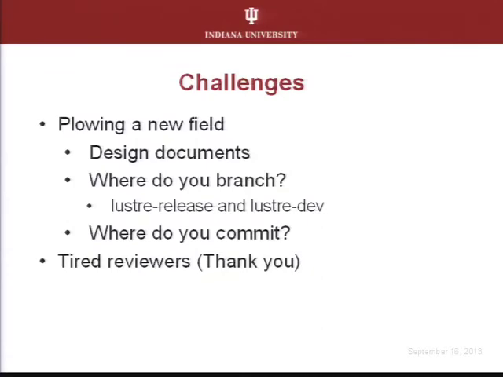And that may not have been as big a problem for us as it was for our dev pack, because they didn't really have as much of a criteria on which to judge what we were putting forward. Other questions there are on the Git server, there's Lustre release and Lustre dev. Figuring out where you should branch is actually more of an art, and it depends on where everybody else is and what they're trying to do.